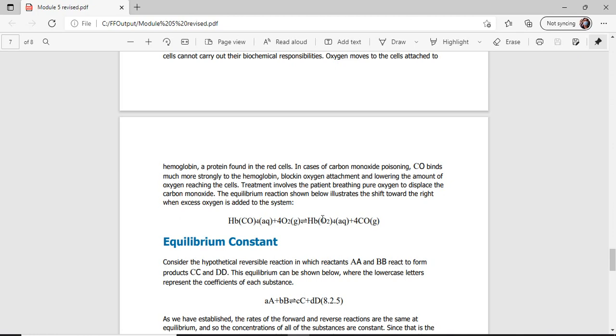And reversibly, it is balanced, so the hemoglobin will be taking your oxygen instead of the carbon monoxide, which is released as gas and no longer mixes into the aqueous solution. An aqueous solution is a mixture of gas and liquid.